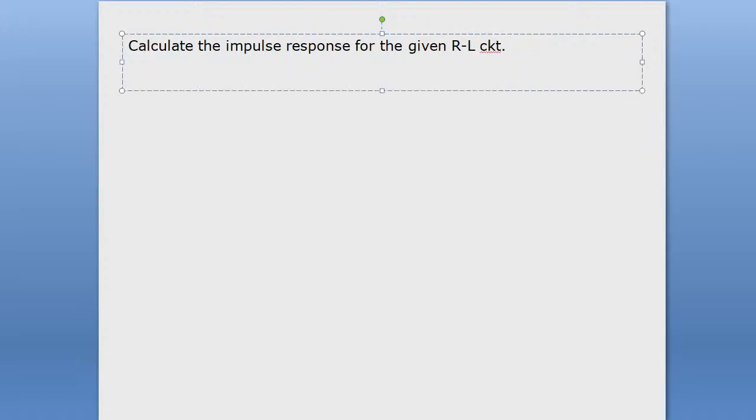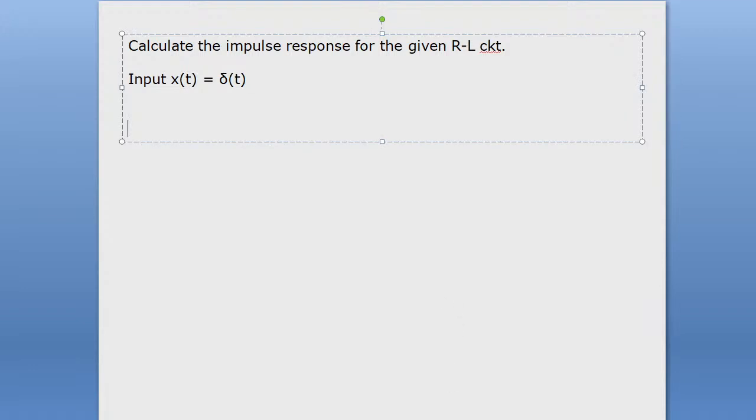For this case, you consider the input x(t) as an impulse function or delta function, delta of t. Everyone solve it yourself and write your answer.